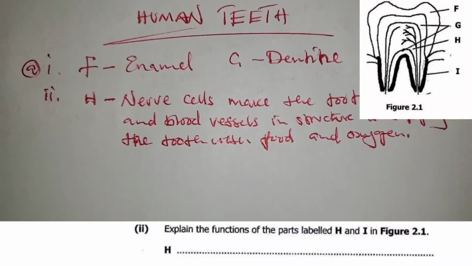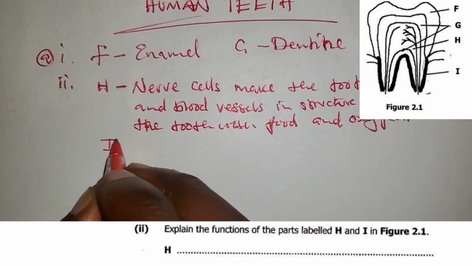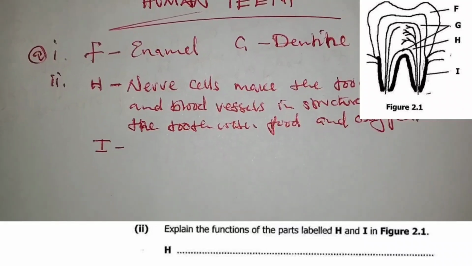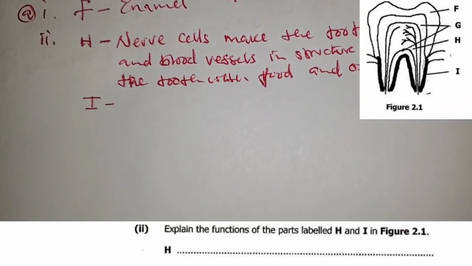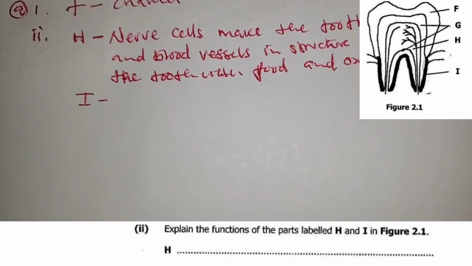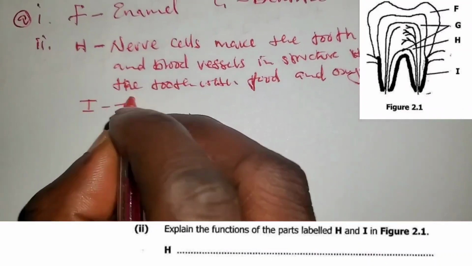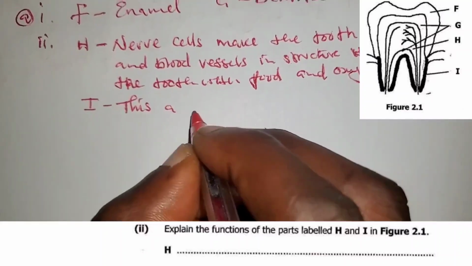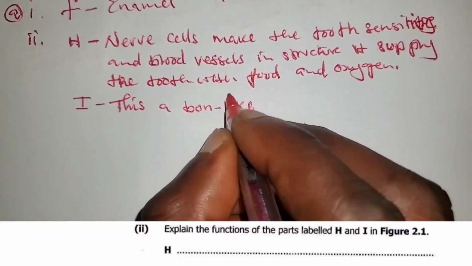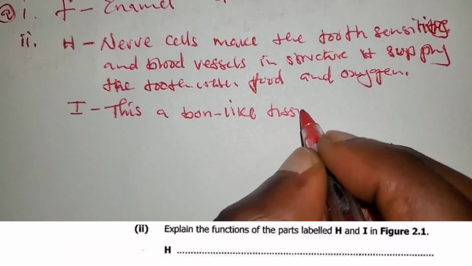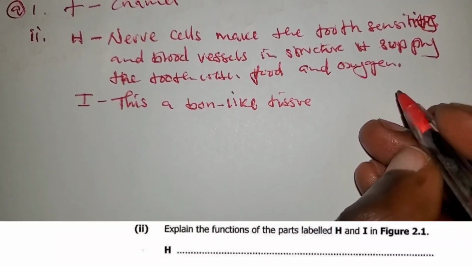Okay, let's go to the function of the structure labeled I. So the structure labeled I, this is a bone-like tissue which anchors the tooth in the jawbone.